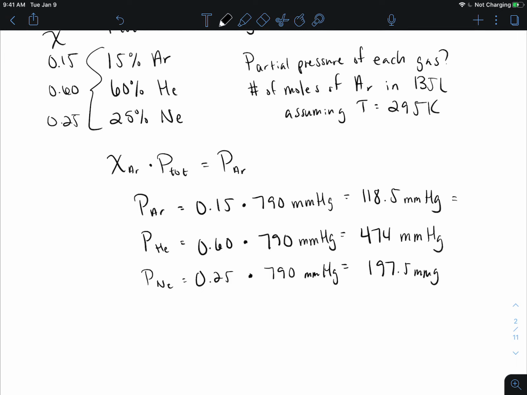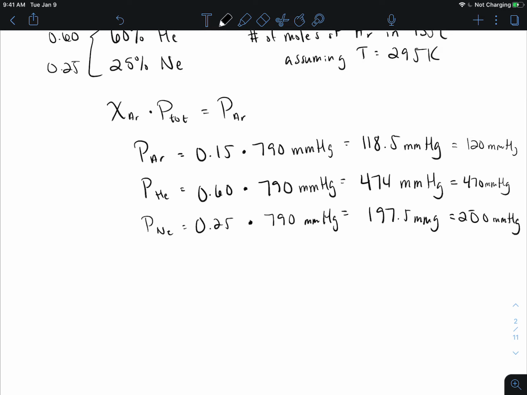And then, of course, we want to round all of these to sig figs, like so.